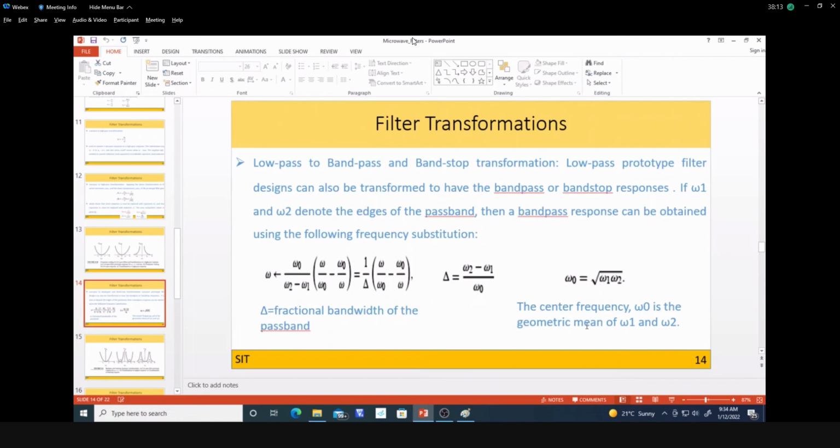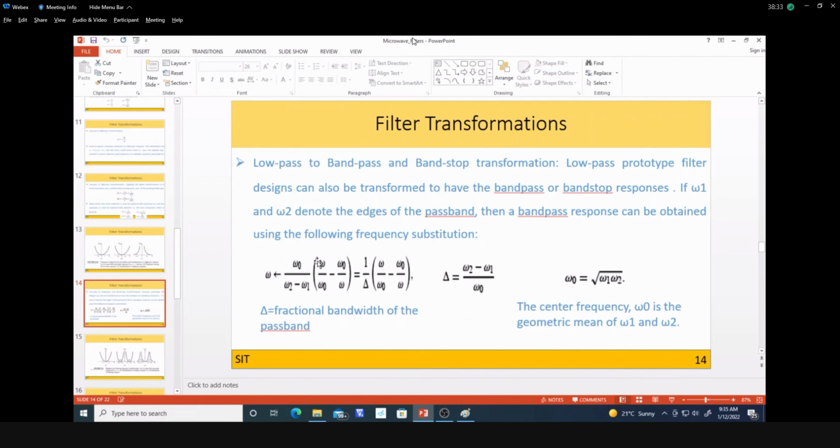That is the center frequency. So within the pass band we get the center frequency omega naught based on the edge frequencies omega 1 and omega 2.